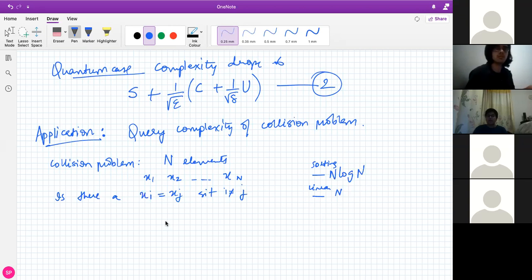But can we get below n, say in terms of query complexity? Now, what is query complexity? You don't care about how much time it takes, but you care about how many inputs you accessed. Say someone tells you that there are n elements, but they don't give you all the n elements.